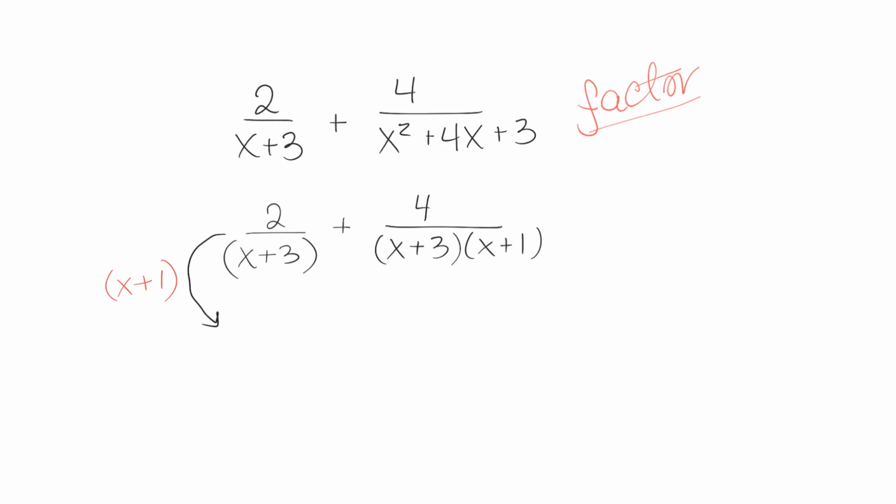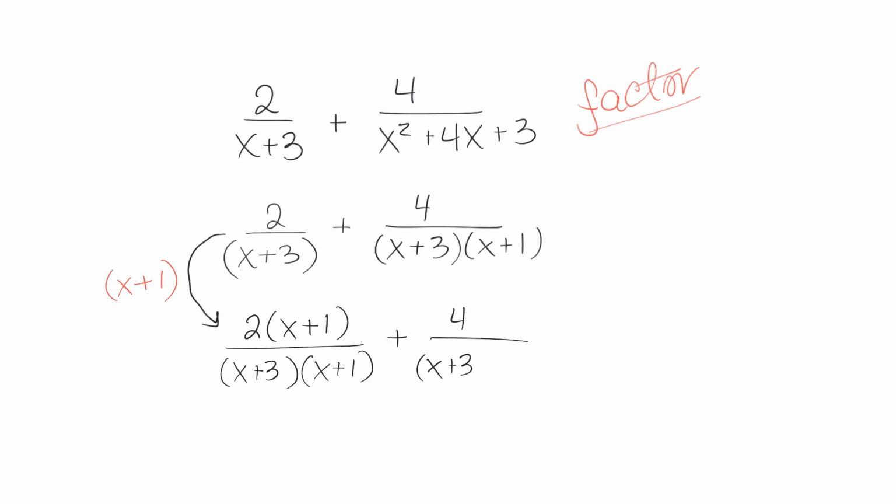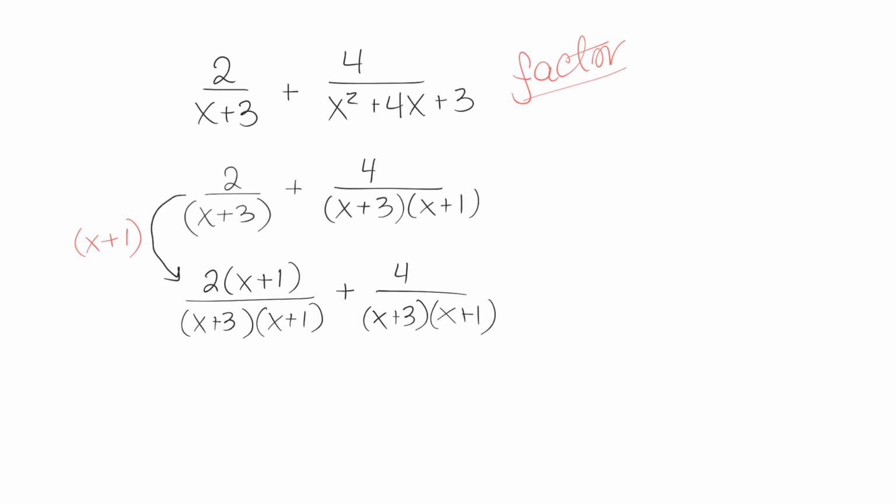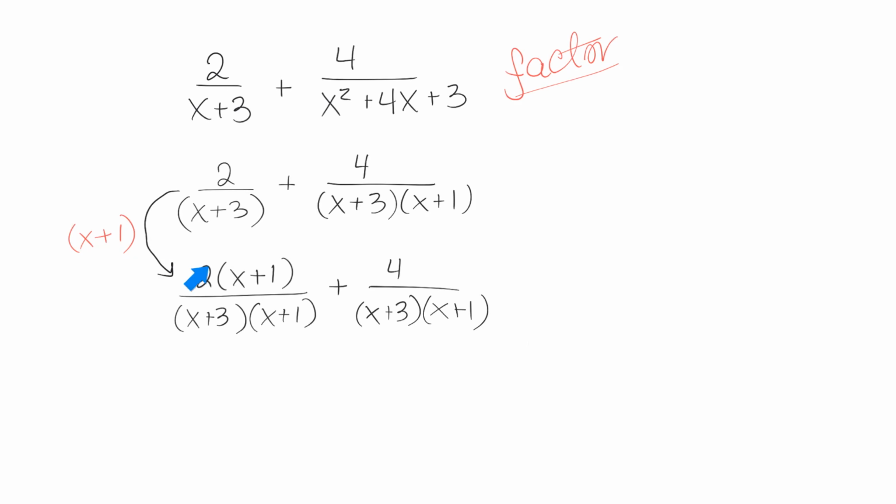So if we do that, we get 2 times x plus 1 and x plus 3 times x plus 1. And the other side hasn't changed. Hasn't changed a bit. So just kind of like this last problem we just worked, we need to distribute that 2.